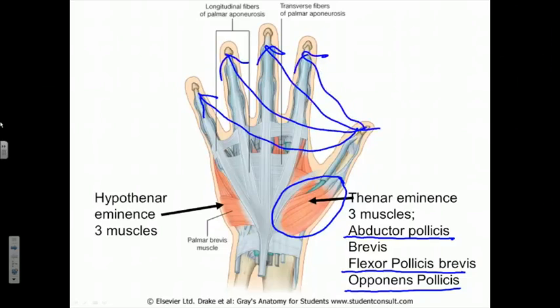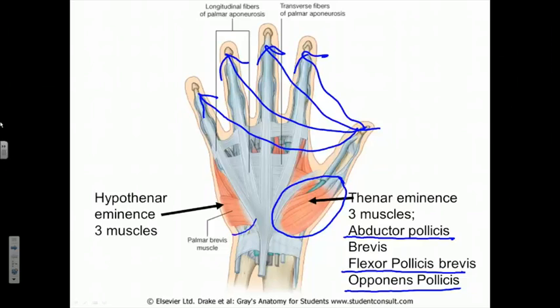So we also oppose our thumb when we sweep it across our flexed fingers, aiding in our power grip. So these three muscles in the thenar eminence are innervated by a very small but important branch of the median nerve called the recurrent branch of the median nerve.